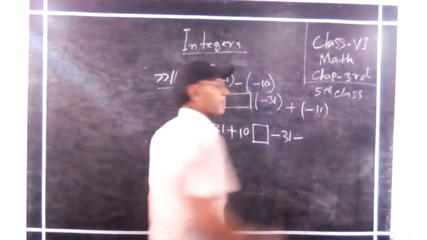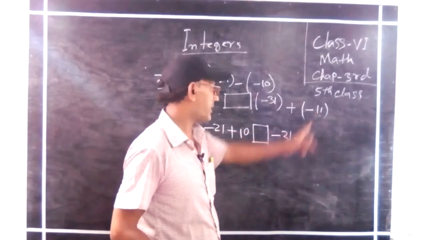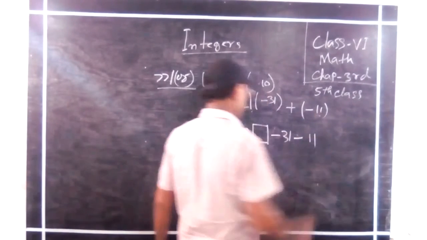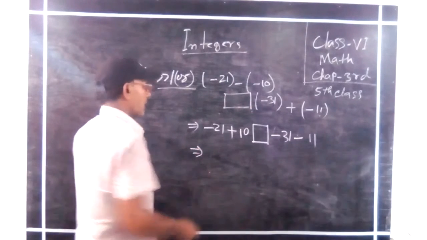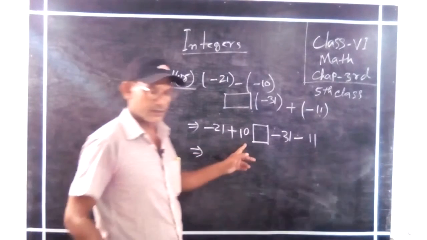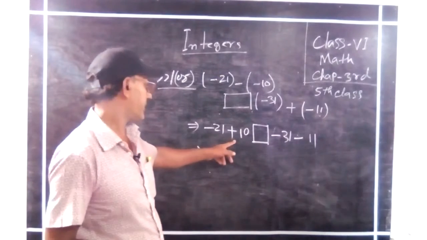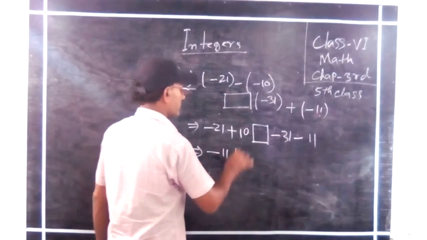Minus, plus, that means same number is plus 11. Minus 21 plus 10, that means the different sign, so we write here minus 11.